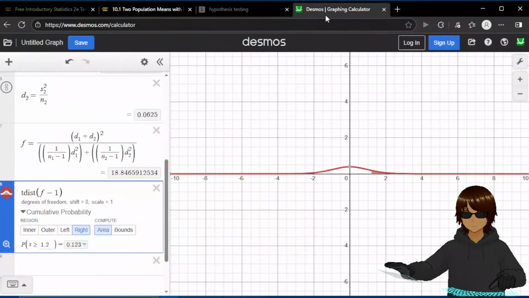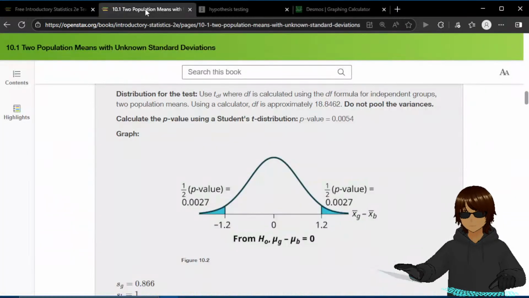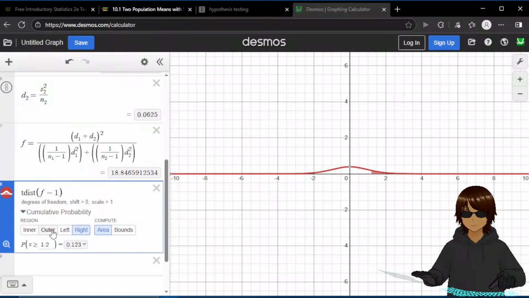1.2. I don't understand. This is the t distribution. Inner, outer, less than minus.